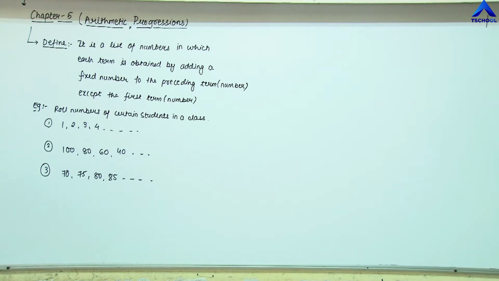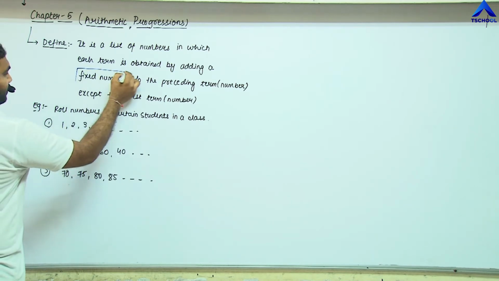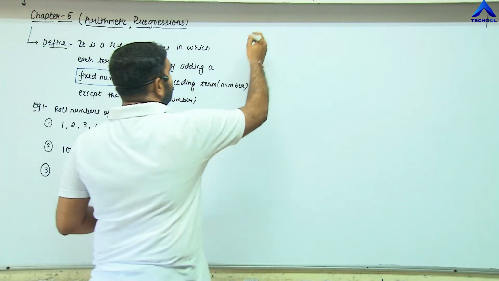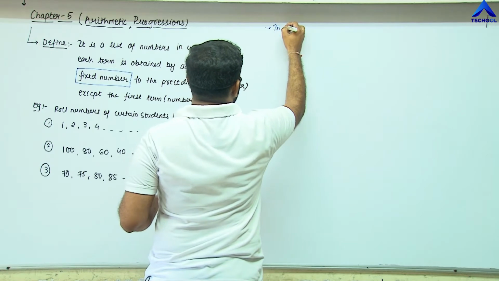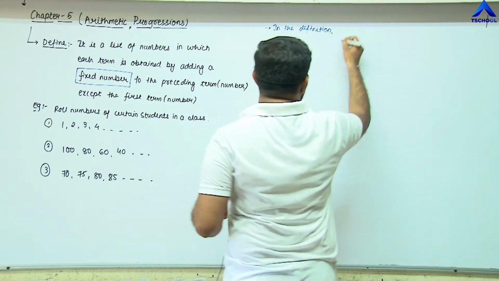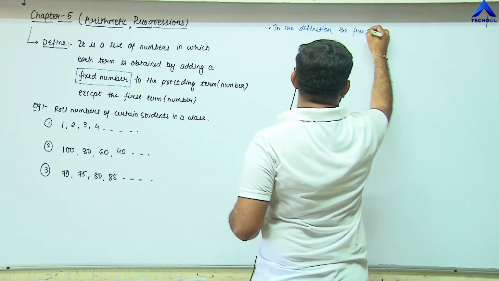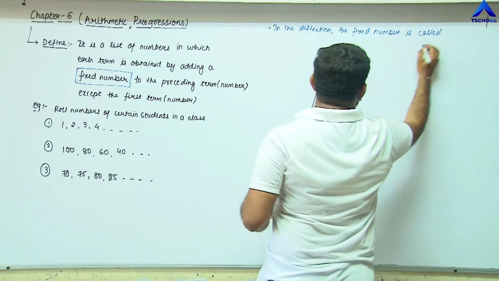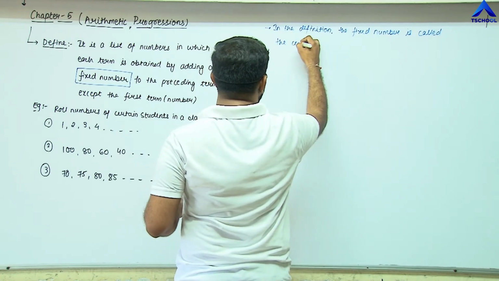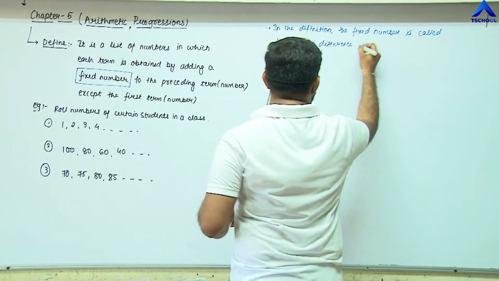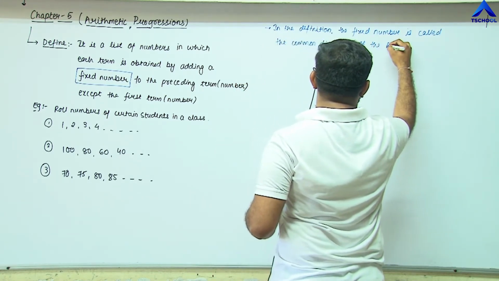Now the term that we have denoted here, that fixed number in the definition, the fixed number is called the common difference of the arithmetic progression.